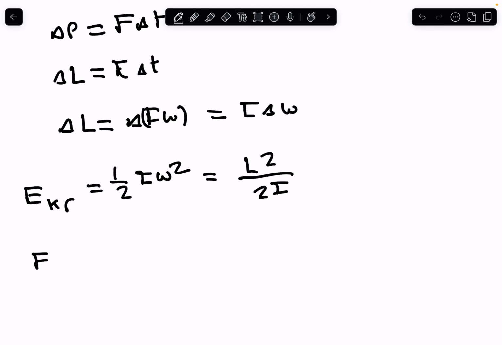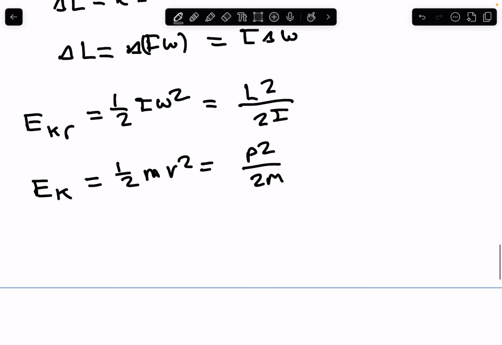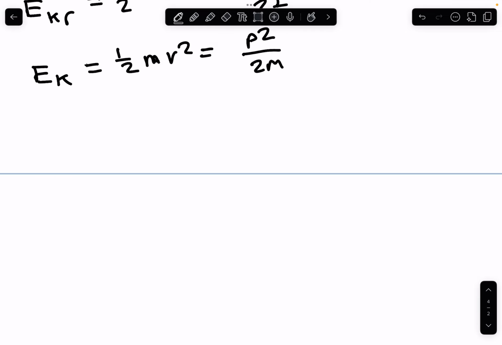If we write the one for translational motion, it is half m v squared, which is equal to p squared over 2m. As we see here, it's exactly the same, but things are replaced. The moment of inertia is replaced with the mass, omega is replaced with velocity, and the angular momentum is replaced with translational momentum. So that's it. Now I'm done explaining.